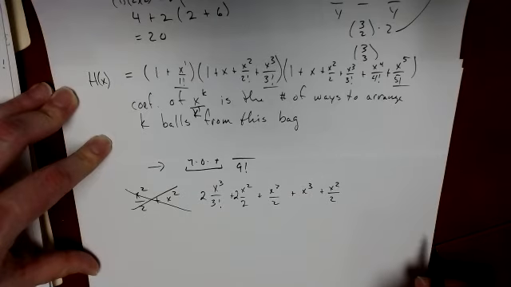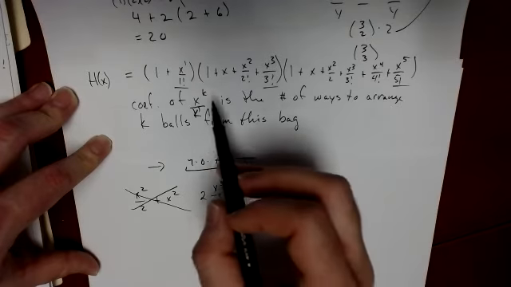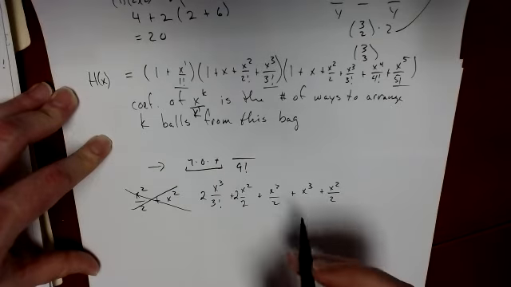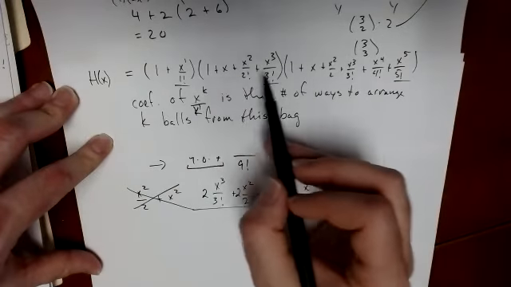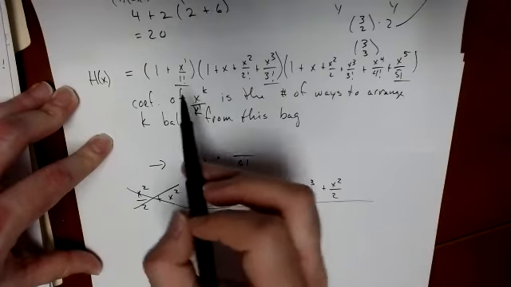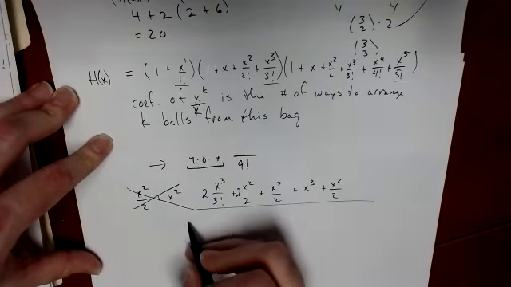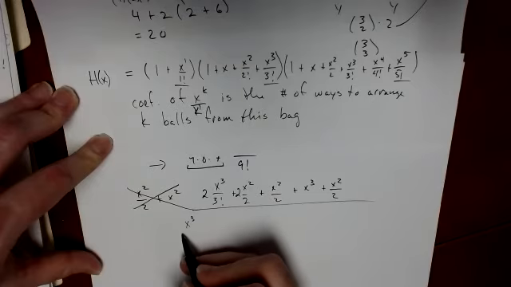So, hold on. They should all be cubed. What happened is, as I was doing it, I forgot to, let me just redo it here just to be safe. As I was multiplying it, if I said 1 times x squared over 2, I just wrote the x squared over 2. So 1 times x cubed over 3 factorial.